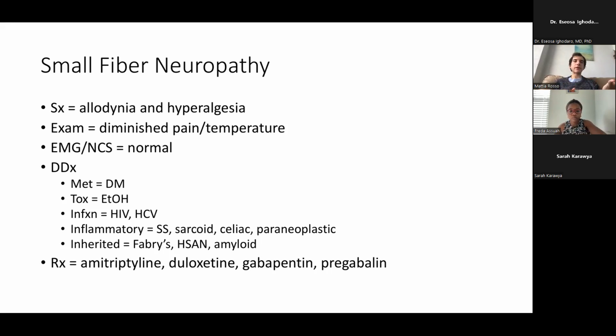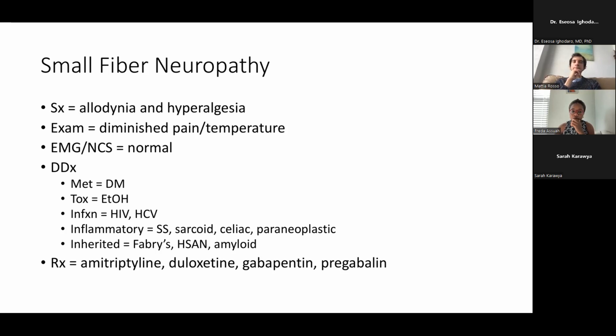So for instance, if I were to touch my arm and I were to feel pain, that would be allodynia. Hyperalgesia is when a stimulus which should be either very mildly painful, like pinprick, or even painful, but is encountered with a degree of pain that's out of proportion, then that would be hyperalgesia.